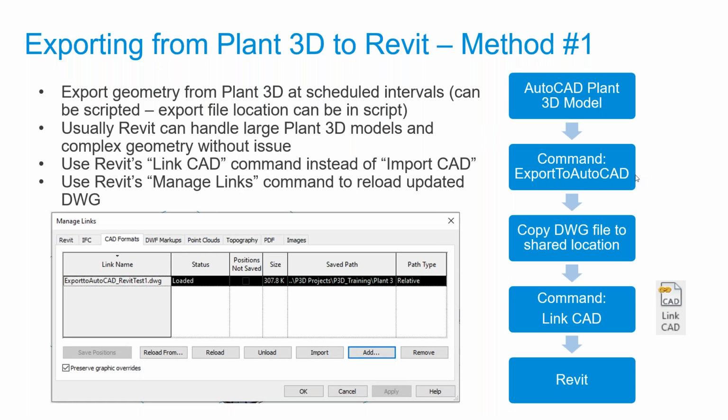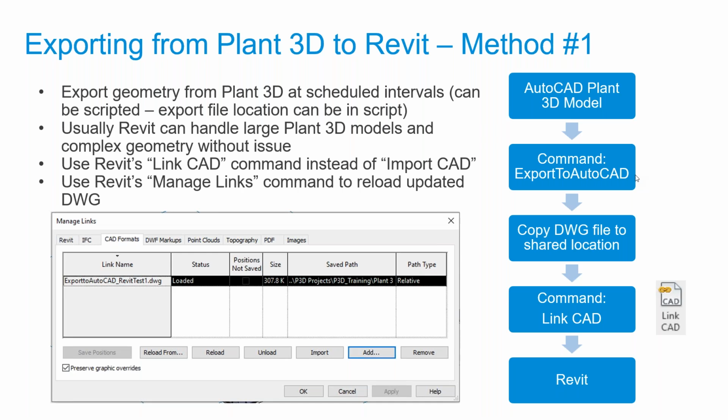So let's look at method number one, which is the simplest way to use Plant 3D models in Revit, and that is to link them directly into your Revit model. So in a Plant 3D model inside Plant 3D, of course, you can use the export to AutoCAD command to create a copy of the model that includes AutoCAD solids rather than Plant 3D custom objects or proxy objects.